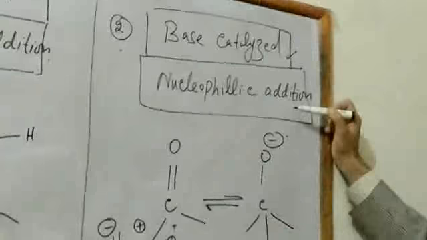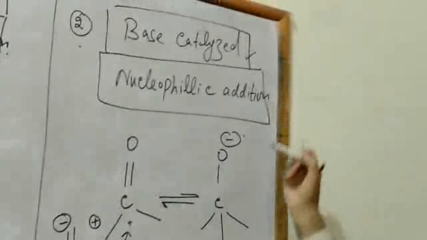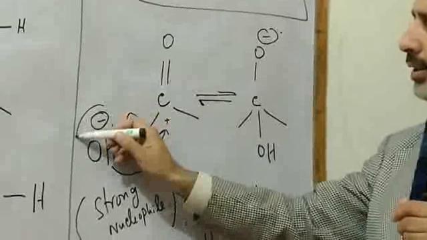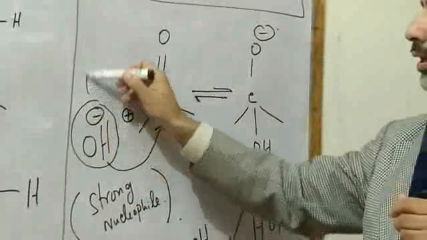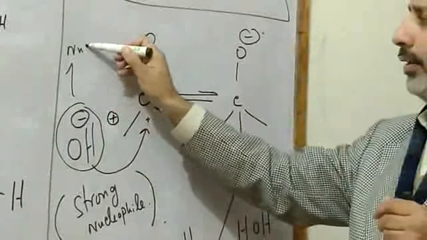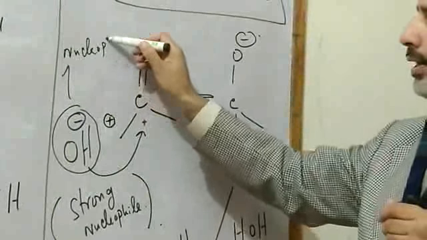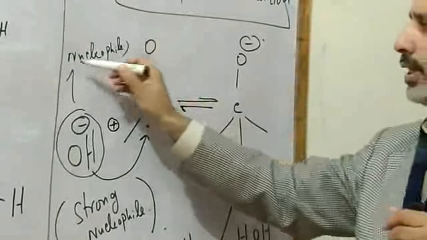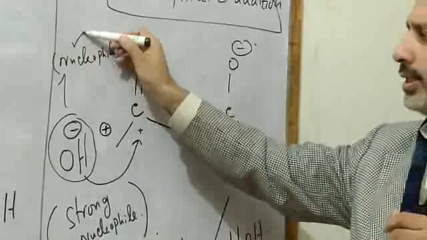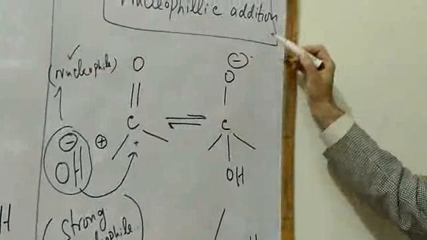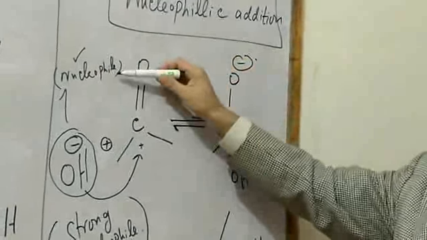The second type is base catalyzed nucleophilic addition. Here, remember, this is a nucleophile. In your book, in the second paragraph, a sentence has been written. Do not get confused with that sentence.